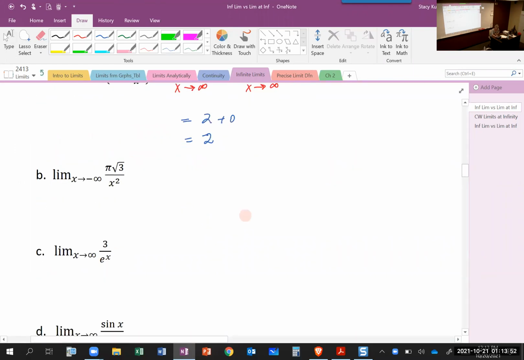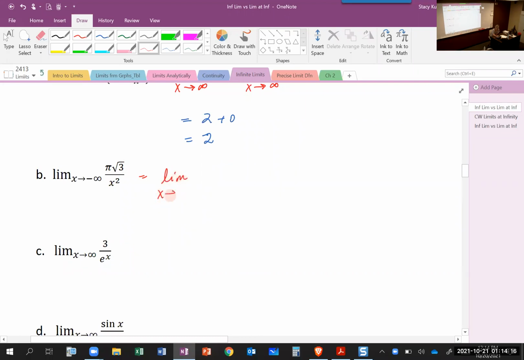Let's look at this next one. The limit as x approaches negative infinity of pi times the square root of 3 over x squared. Again, I'm going to deconstruct this for just a second.